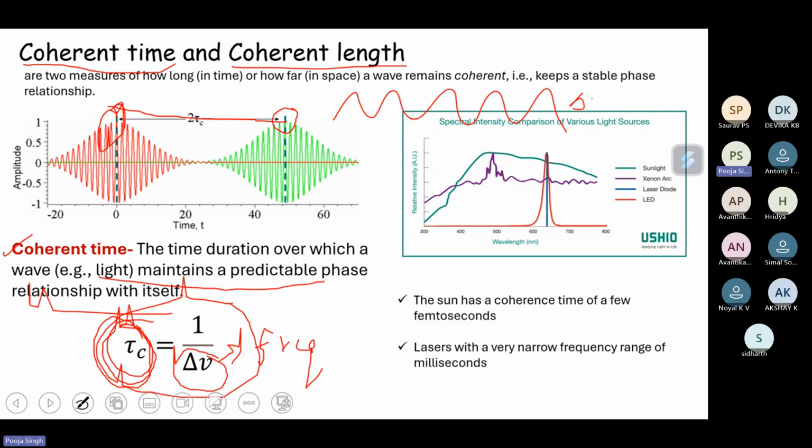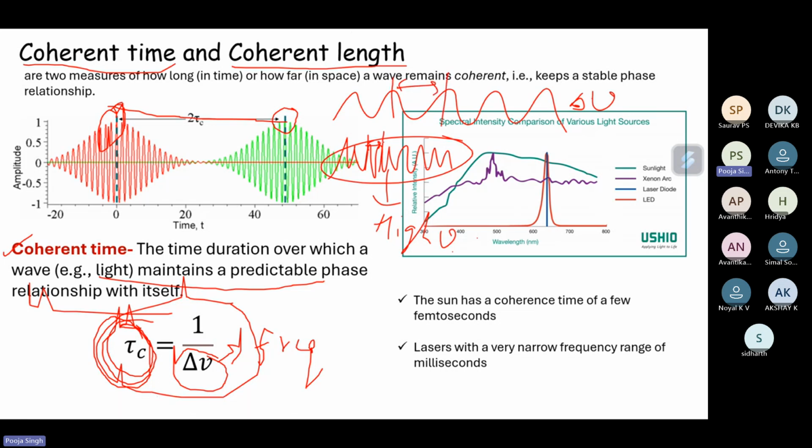Now suppose you have a frequency of light like this. This one has a higher frequency, so its phase time is very small compared to the other. That's why it has the inverse relationship.